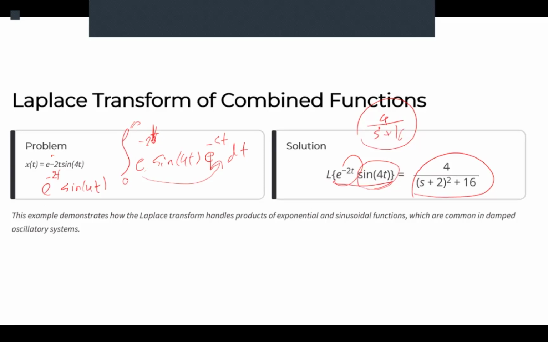So what happened is that x of s becomes the integral from 0 to infinity of sine of 4t e to the power of minus (s plus 2)t dt. Are we good? Let's call this one p.